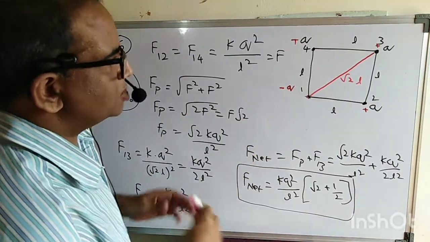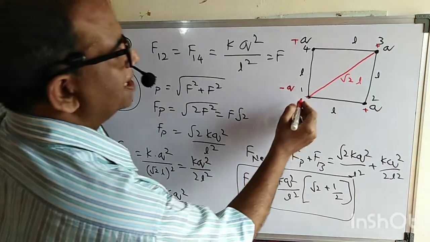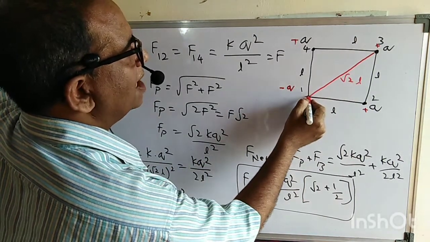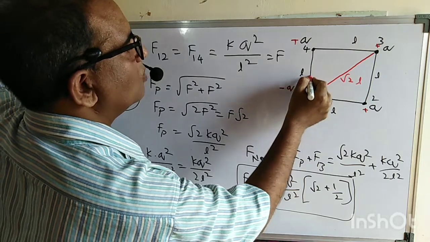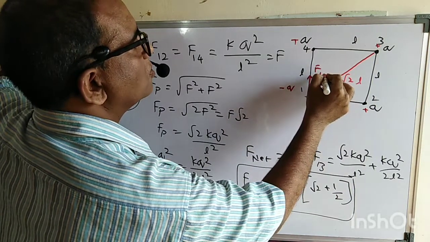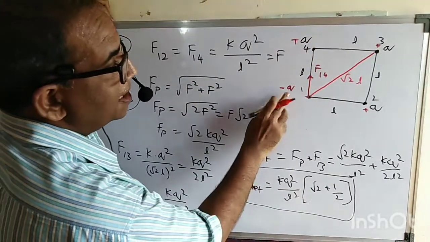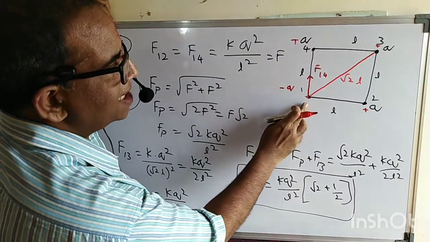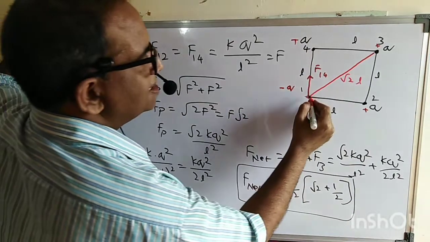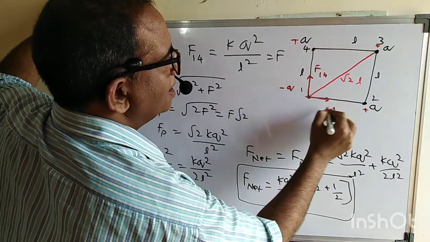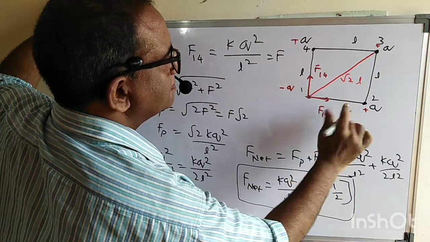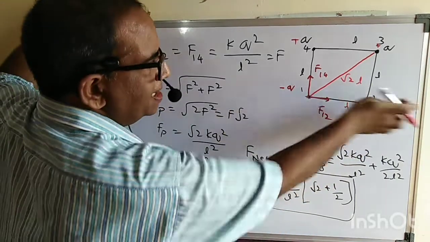How will you do this one? Observe carefully. It is negative, so see what will happen. The force on 1 due to 4 is acting upward, towards 4, because this is negative. Negative is always attractive. And F12 is also acting in this direction.